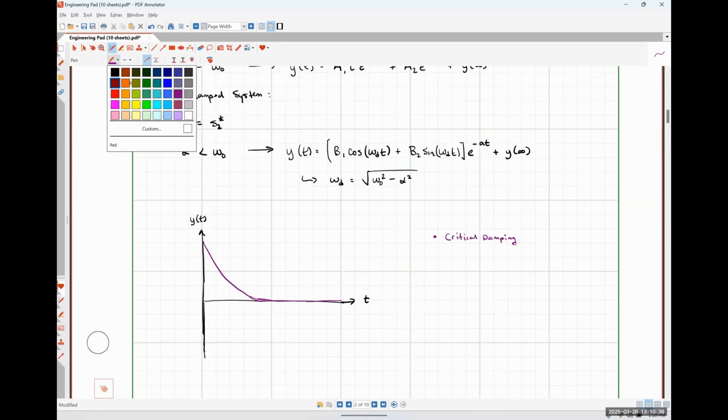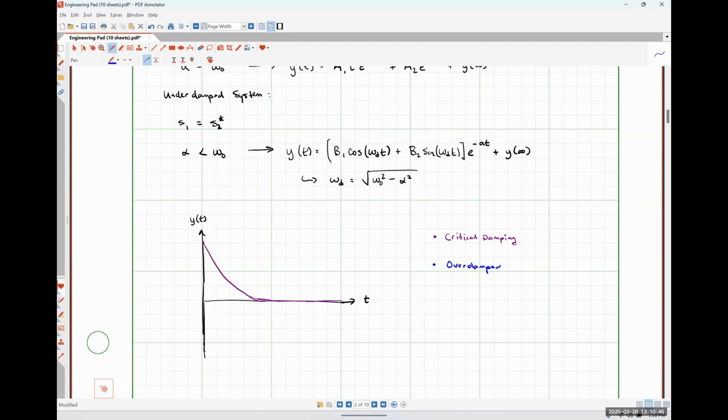Now I'm going to do overdamped in blue. So in an overdamped system, we're going to have almost the exact same shape of the response. It's just going to take a lot longer to settle to its final value. So we might have something like this.